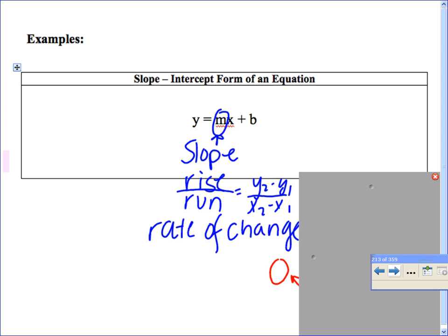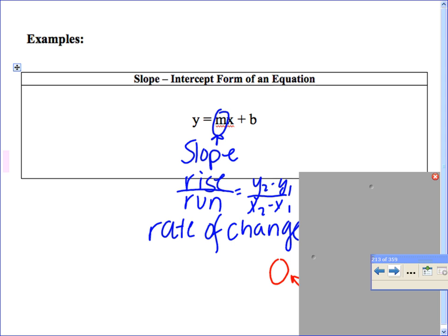And also write down rate of change. So slope is rise over run, y2 minus y1 over x2 minus x1, and it's also called the rate of change.